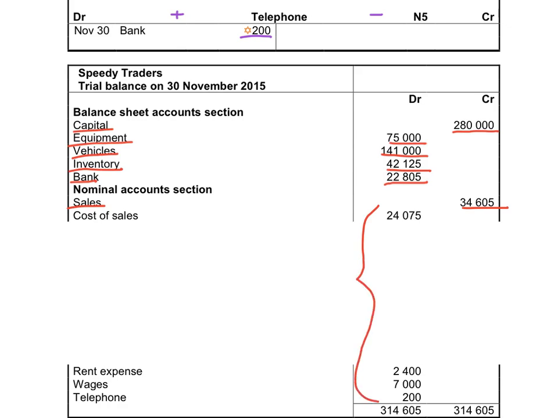So before I even add up the trial balance, I must ensure that my balances are on the correct side. I know capital always has a credit balance. Assets always have debit balances. Income always has a credit balance, and expenses always have debit balances.